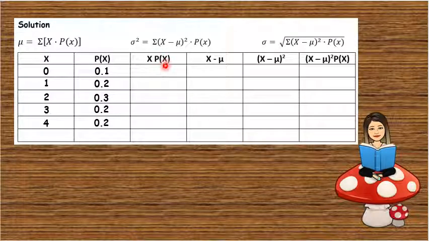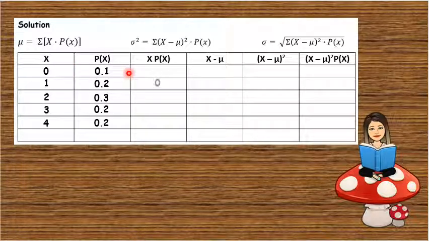And then, yung next column natin, we have x times p of x. Bakit x times p of x? Kasi nga, we want to compute first for the mean. Eh, hindi ba sa formula niya, nandyan yung x times p of x. Kaya, yun yung uunahin natin. Since meron na tayong value ng x at saka p of x, you may use your own calculator to multiply. Okay? So, let us compute.